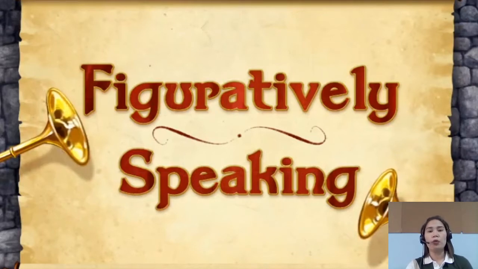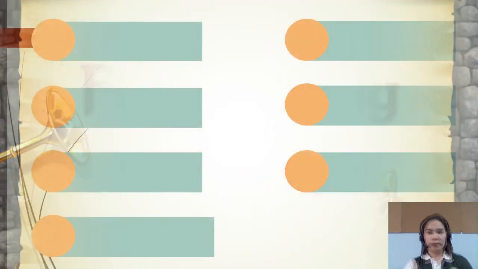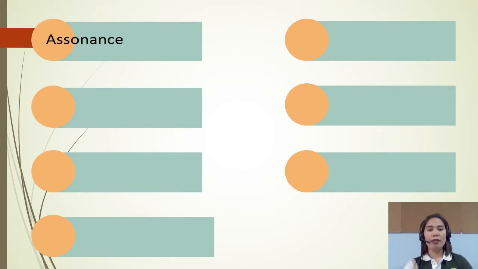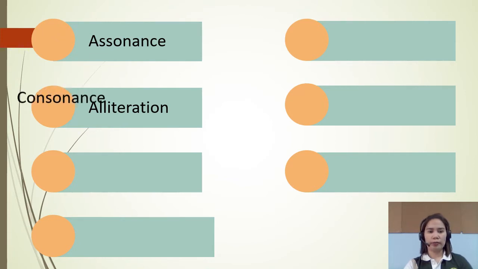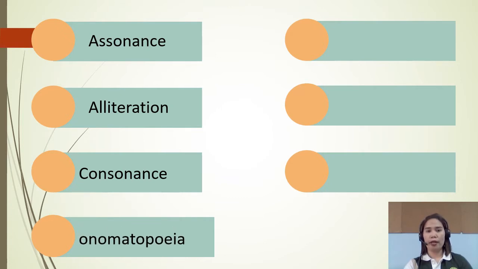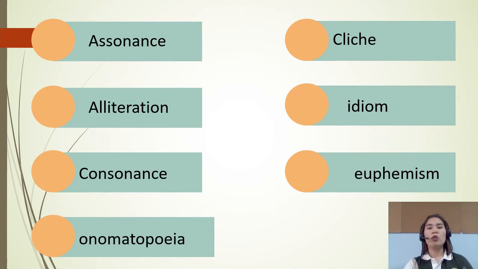But for today, we will learn another set of figurative language, and they are: first, assonance; next, alliteration; consonance; onomatopoeia; next is cliche and idiom; and the other one is euphemism. We are going to identify each of them, and if you are ready to listen, let's start with assonance.